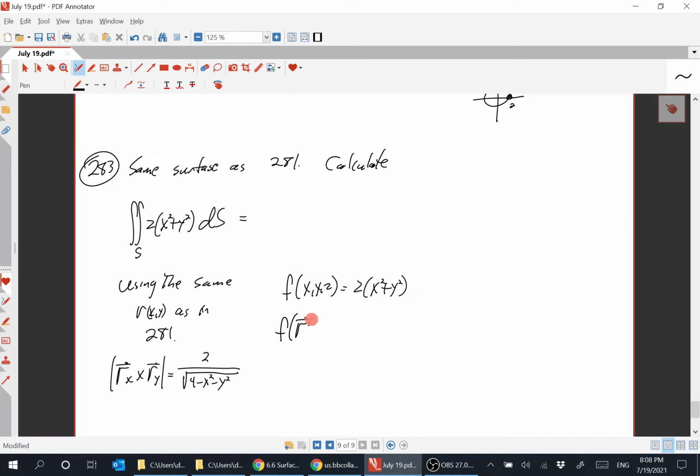So f of r of x, y, using the same parameterization, x is x, y is y, and z is that, as in 281. So z is this square root, and x squared plus y squared is just x squared plus y squared.